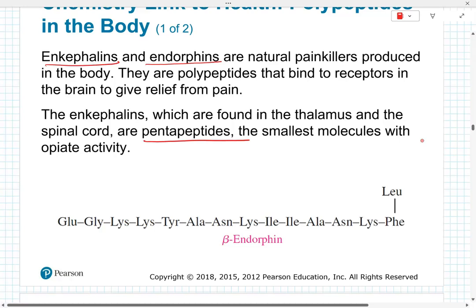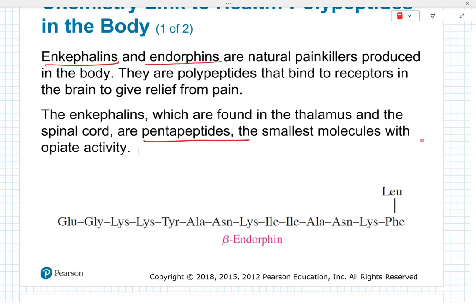Hundreds of years ago, people figured out that if you collect poppy seeds and do some magic with them, you get something that makes you high. That substance was called opium. So when people figured out that there are receptors that opium acts upon, those receptors were called opiate receptors.